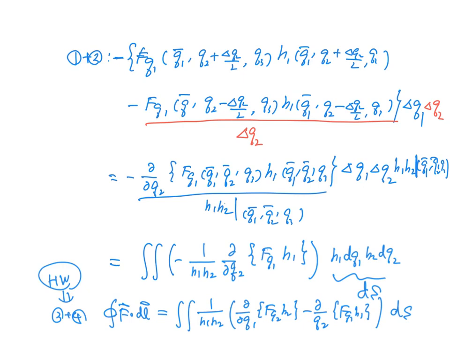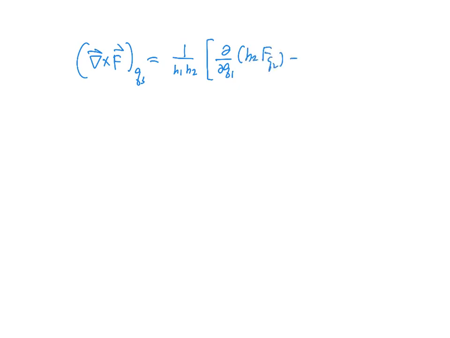The Q3 component of the curl is actually 1 over H1 H2, partial Q1 partial H2 F_Q2 minus partial Q2 partial H1 F_Q1.